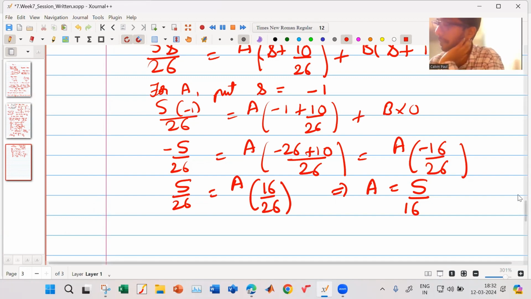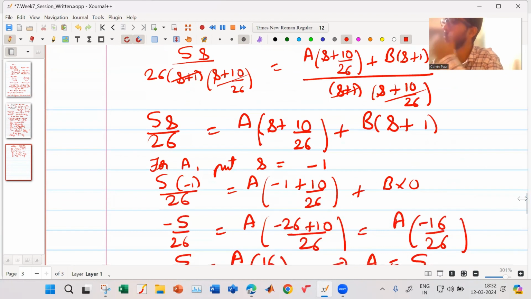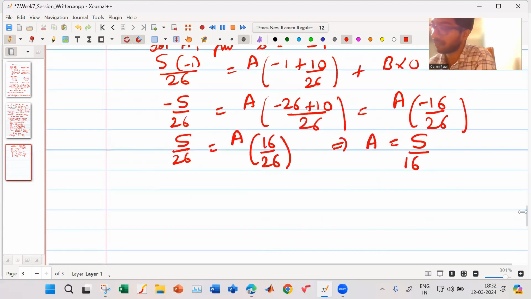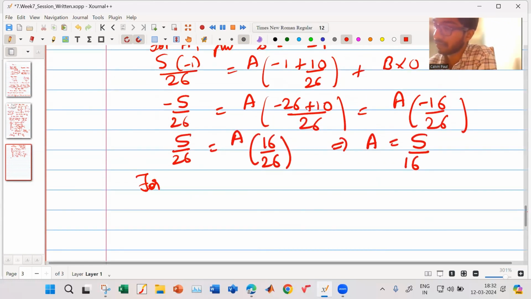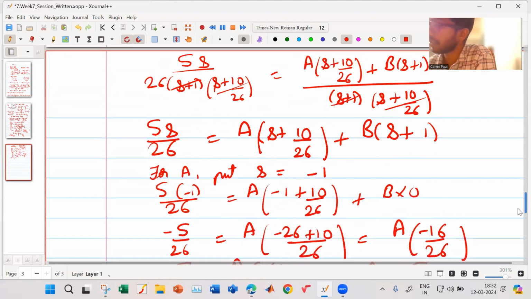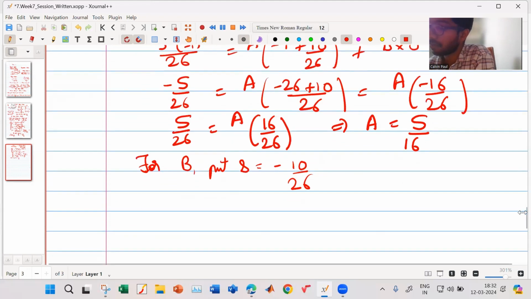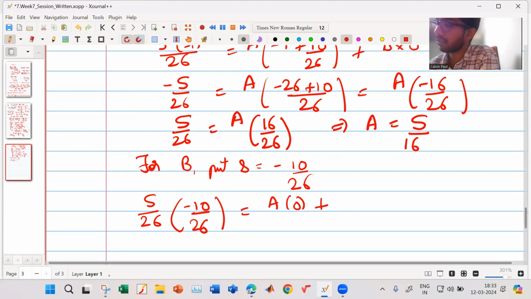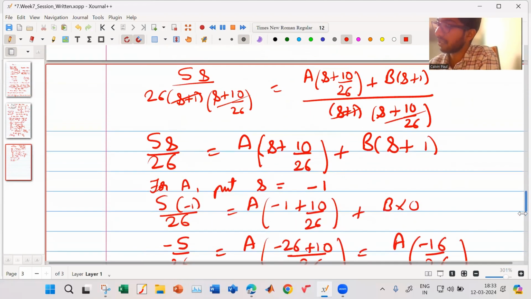Now I want to find B. So for S, I will put minus 10 by 26. So we get 5 upon 26 into minus 10 upon 26 is equal to A into 0 plus B into S plus 1.